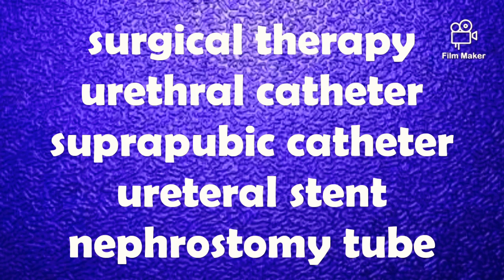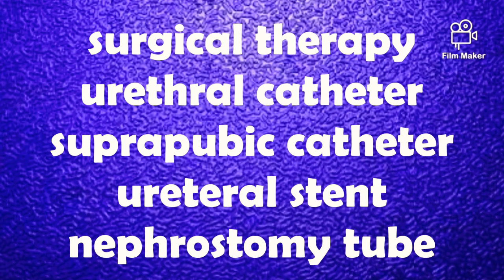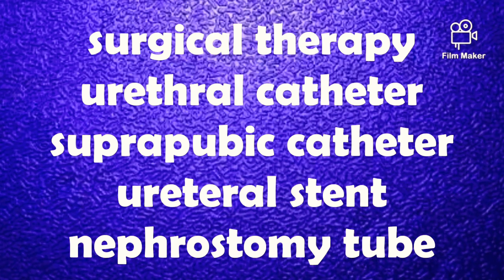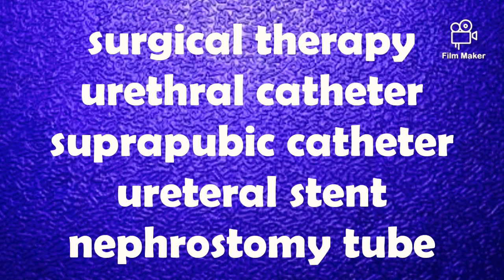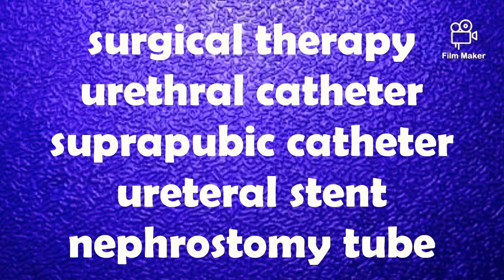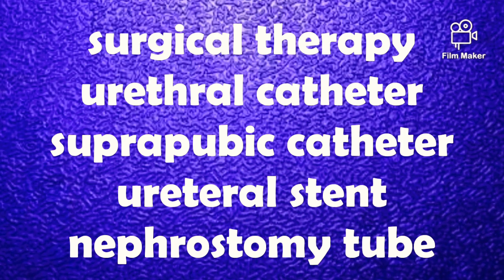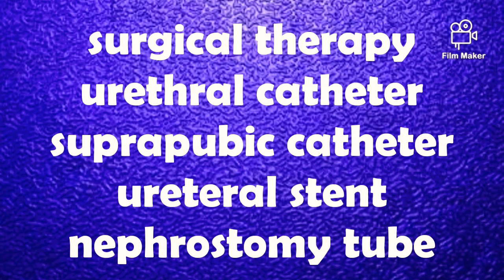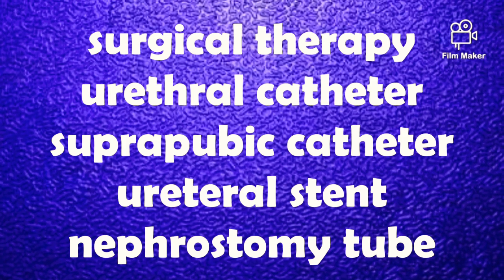Then suprapubic catheter. If a Foley catheter cannot be passed, a suprapubic catheter can be placed percutaneously or in an open fashion. Then upper urinary tract obstruction: ureteral stent and nephrostomy tube.